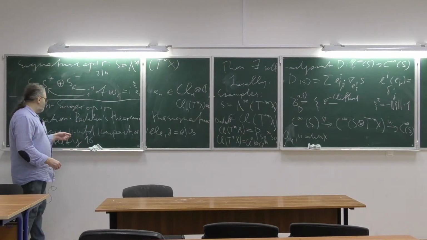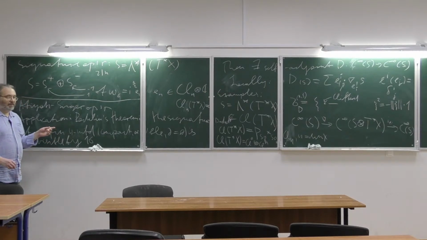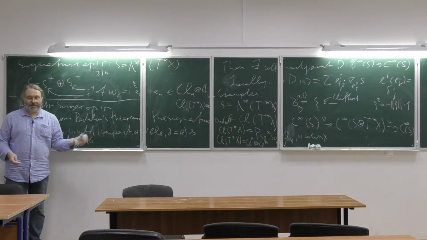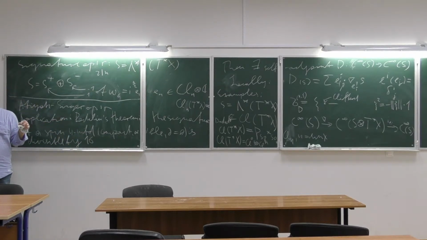Okay, so what is a spin four-manifold? Well, we'll see it in a minute, but probably we already mentioned it at some point on Saturday. A manifold is spin if and only if, by definition, the tangent bundle has a spin structure.